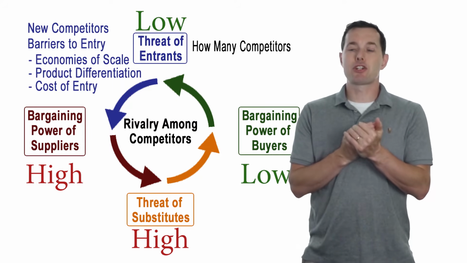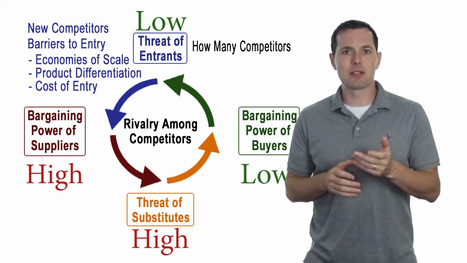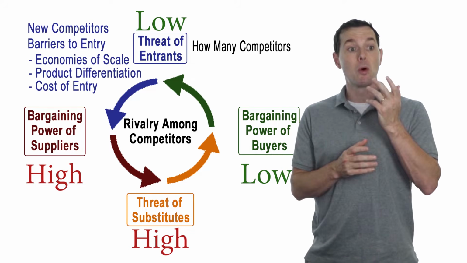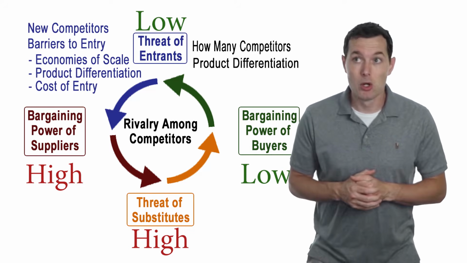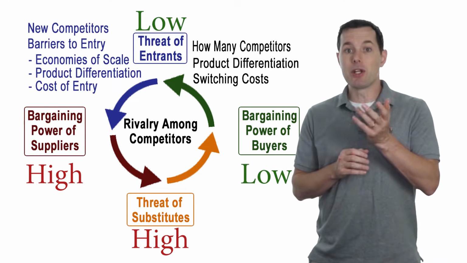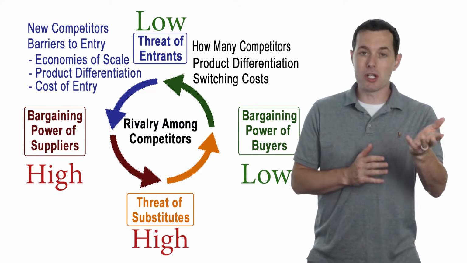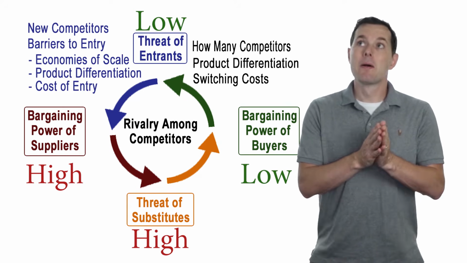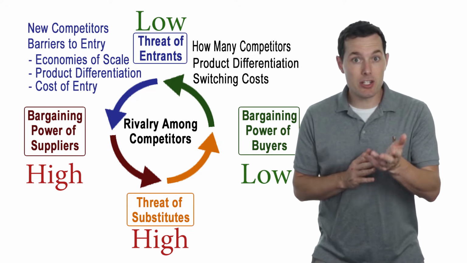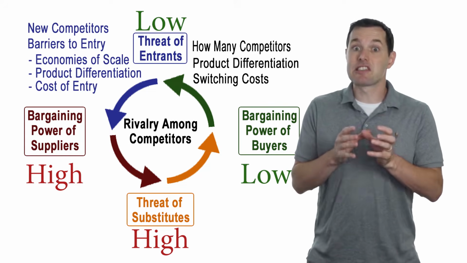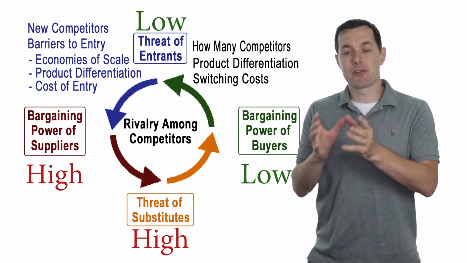There's likely pressure on sales. They'd have to do more discounts, things along those lines. But then we want to look at things like product differentiation or switching costs. Now, we know that a customer can switch fairly easily from one car company to another car company. And when it comes to differentiation, well, Tesla clearly has tons of differentiation when compared to their competitors.